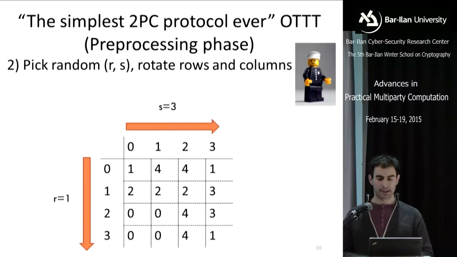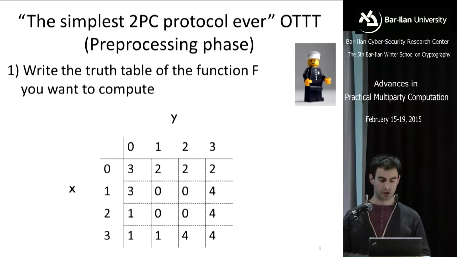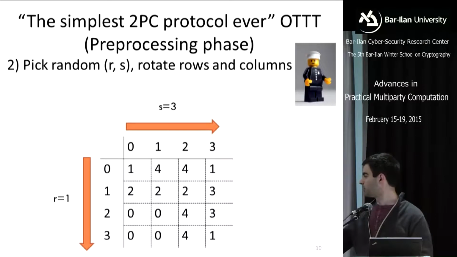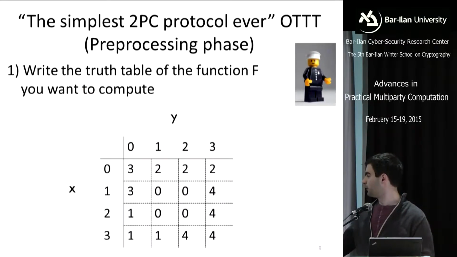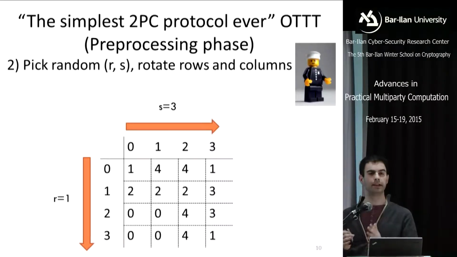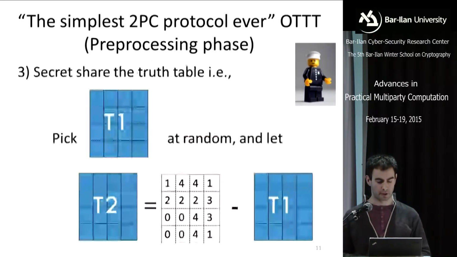The second thing that the trusted dealer does is pick two random indices, R and S, and use them to rotate the columns and the rows of this table. So here there is a 3. You shift it 3 positions in that way, 1, 2, 3, and 1 down. The 3 gets here. If you look at them, you can see that I'm just rotating the table by 2 random shifts. So far, so good.